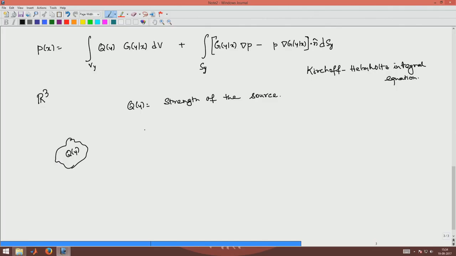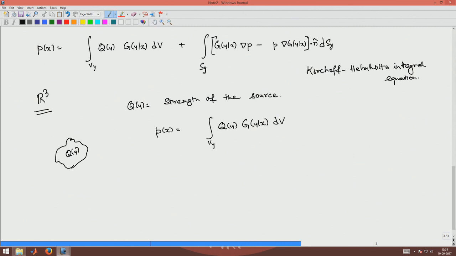So, in this approach when we are taking the entire 3-dimensional domain into consideration, p x will be simply given by integral of q y g y bar x dV. Provided you know what is the source distribution, this is a very useful way in which you can determine the acoustic pressure at any point.